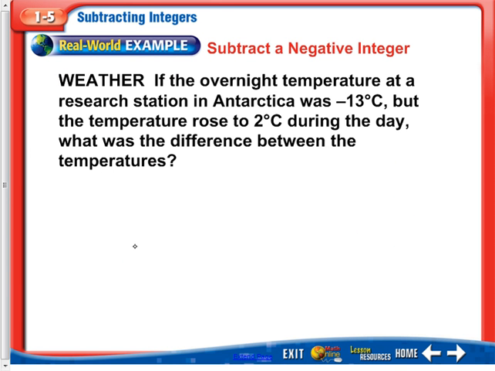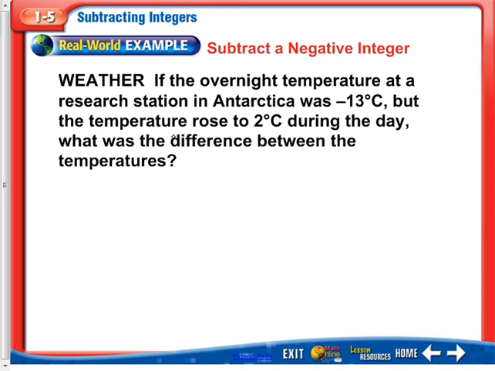All right, so we look at this one. If the overnight temperature at a research station in Antarctica was negative 13 degrees Celsius, but the temperature rose to 2 degrees during the day, what was the temperature difference between the temperatures? All right, so first we've got to figure out what type of problem it is.